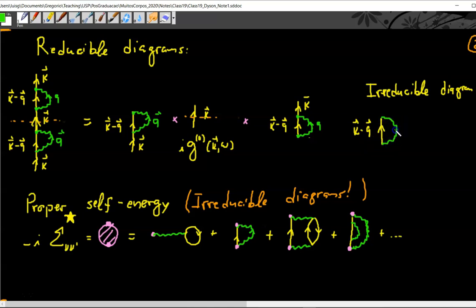So if I take this core diagram, right, and add a line here and a line there and combine these, I can build these reducible diagrams.